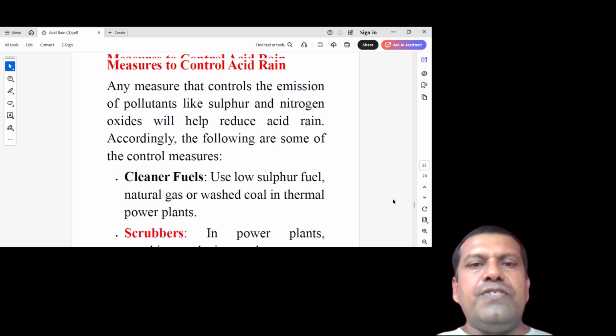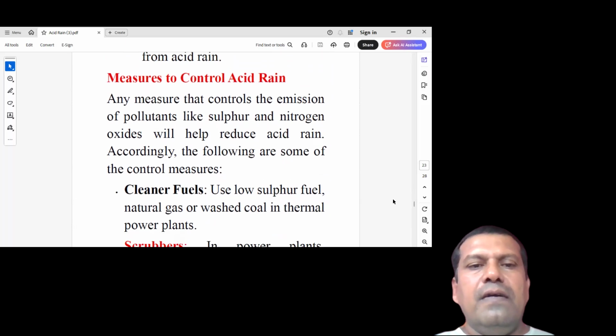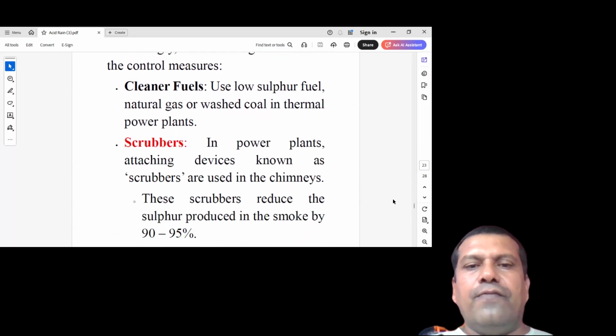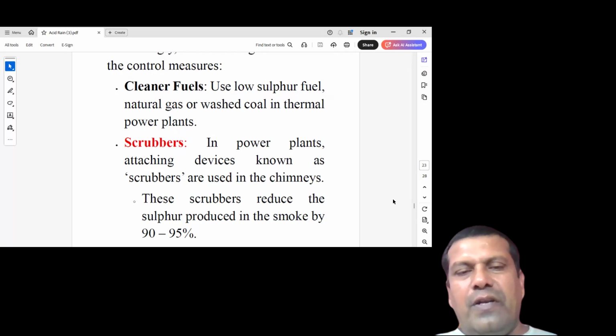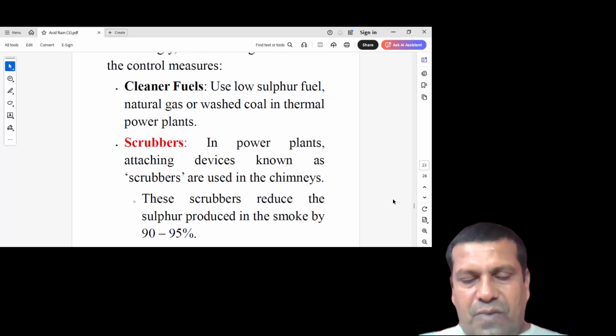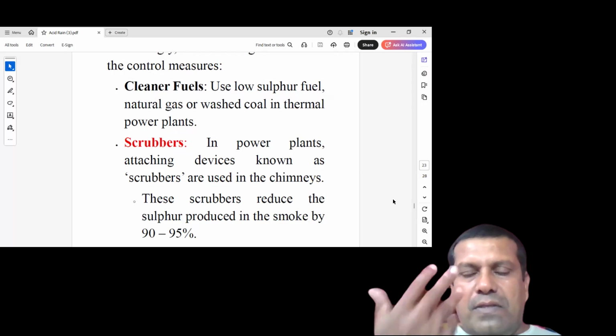So there are various measures to control acid rain. We can go for cleaner fuels: use low sulfur fuel, natural gas, or washed coal in thermal power plants. We can also move to renewable sources of energy like hydropower, wind energy, or thermal energy.